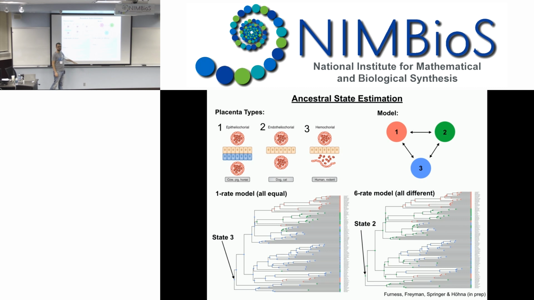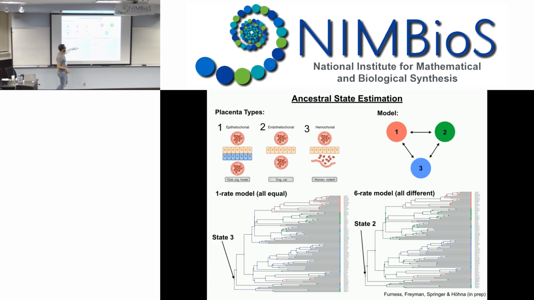This is the same tree trimmed to a family level so that you can see it better, but I used the full tree. If you use a 6-rate model, so you have the 1st rate, 2nd, 3rd, 4th, 5th, and 6th rate, all completely independent, that would be the full model. Then you estimate that the 2nd state, the green one here, the endothelial state, was the most probable ancestral state of all placental mammals.